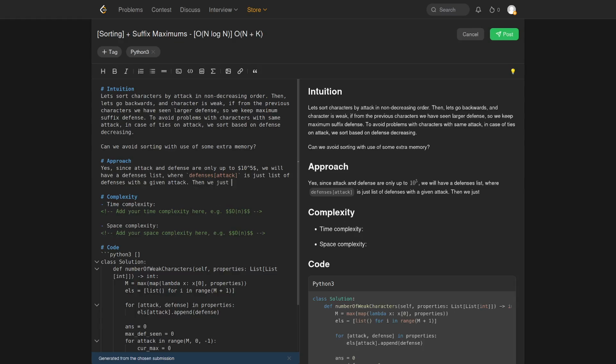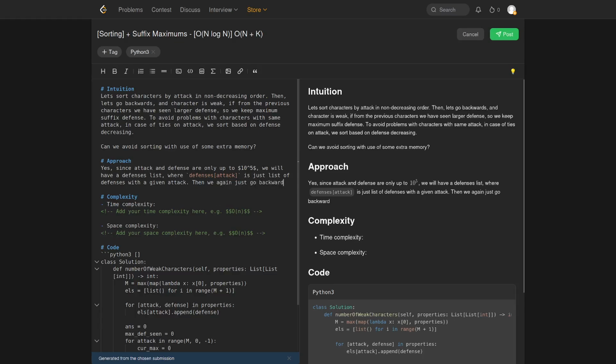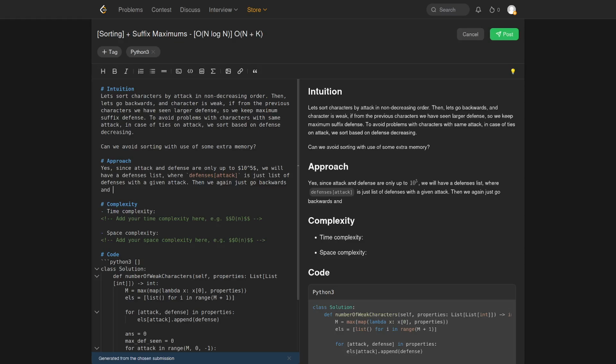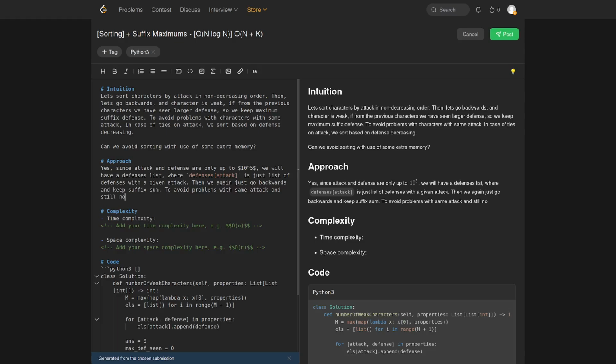Then we again just go backwards and keep the suffix maximum.